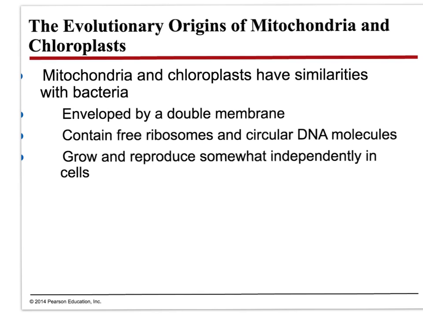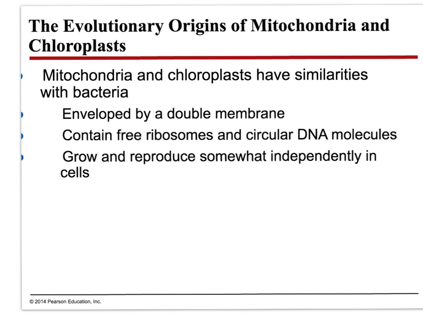So that's three of the four things right there. So that evidence suggests what? That's evidence that supports the fact that at some point, chloroplasts and mitochondria were free living cells on their own. Okay? Those couple things.